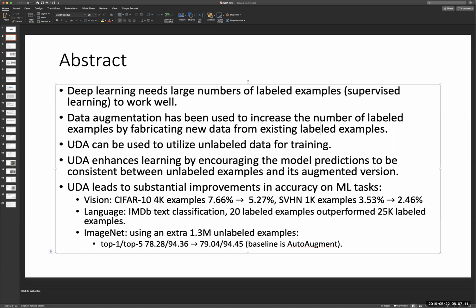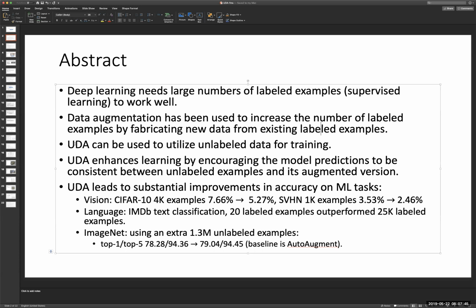UDA enhances learning by encouraging the model predictions to be consistent between the unlabeled examples and its augmented version. So we'll go into detail on what we mean by consistent. And the results are that UDA leads to substantial improvements in accuracy on machine learning tasks.